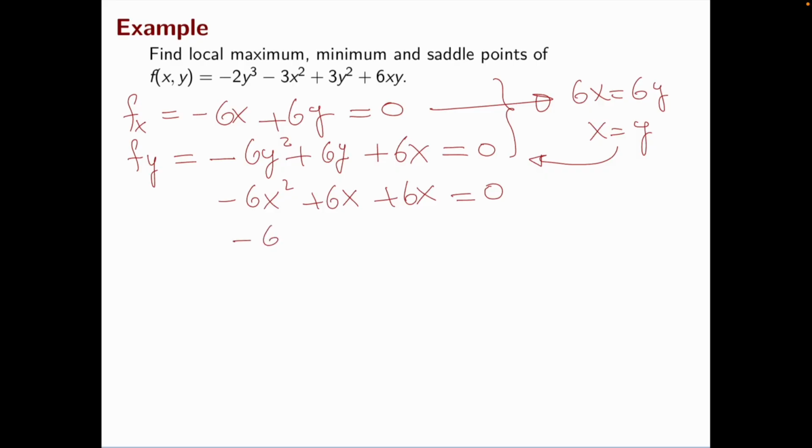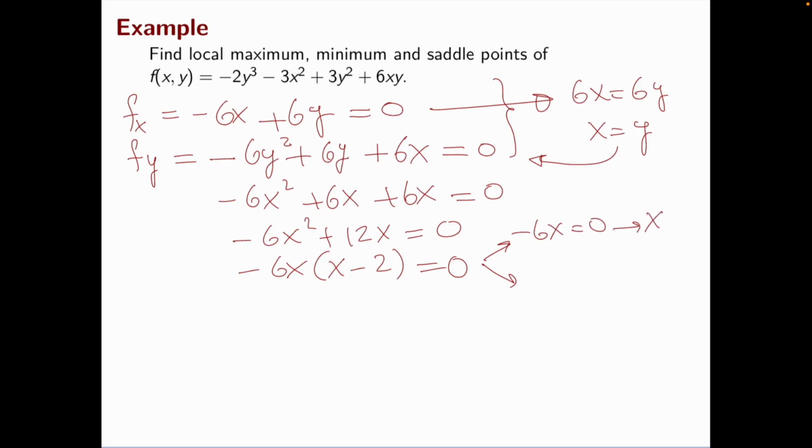Solving this equation, we get that 6 plus 6 is 12x. So we take minus 6x as a common factor: minus 6x times (x minus 2) equals 0. So the two solutions here will be minus 6x equals 0, which gives us x equals 0, or x minus 2 equals 0, which gives us x equals 2.